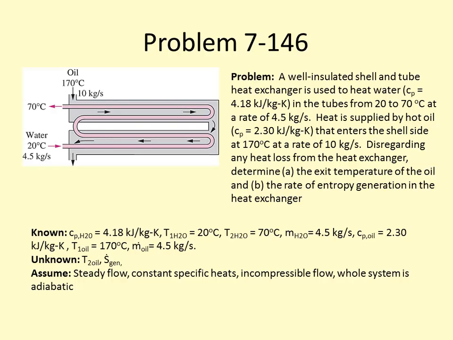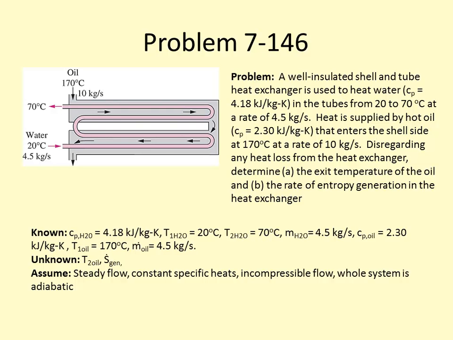Now because this is a liquid and we make the approximate assumption, which includes constant C sub P and incompressible flow, then we can say it's the mass flow rate of the oil times C sub P times natural log of T2 oil over T1 oil plus the mass flow rate of the water, C sub P of the water, times the natural log of T2 water over T1 water.